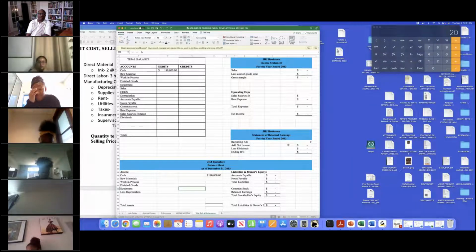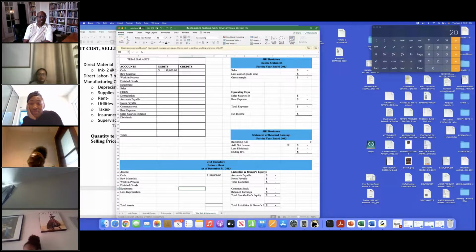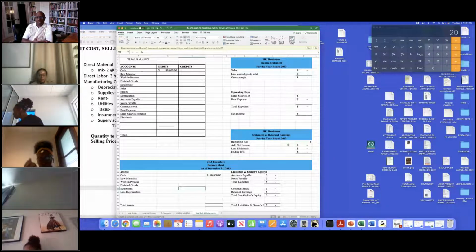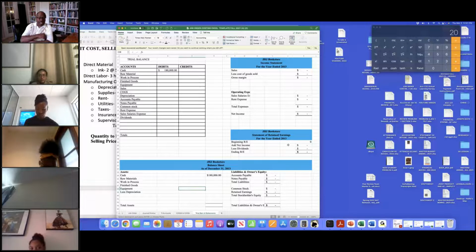So it might help if, as people are doing their years, this should cut your time down in half at least. We want to work with Excel, of course, but we're also trying to get this proficiency that you're going to be expected to have when you go to work.